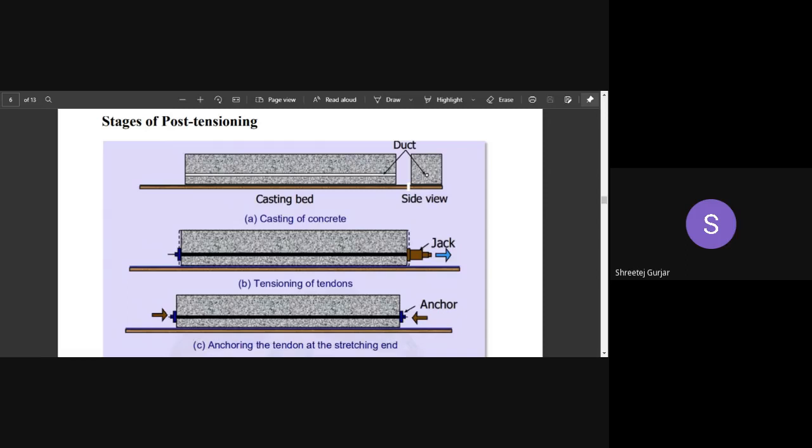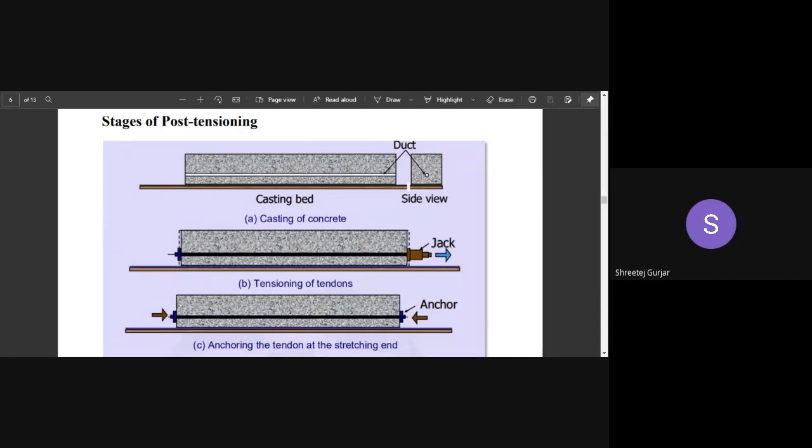Before we get into those post-tensioning systems, which are four in number, those are very interesting and very unique. Each of them is very unique. So before we get into that, we will look into a few important things related to post-tensioning, and once we are done with that, we will look into the post-tensioning systems that we are going to use.